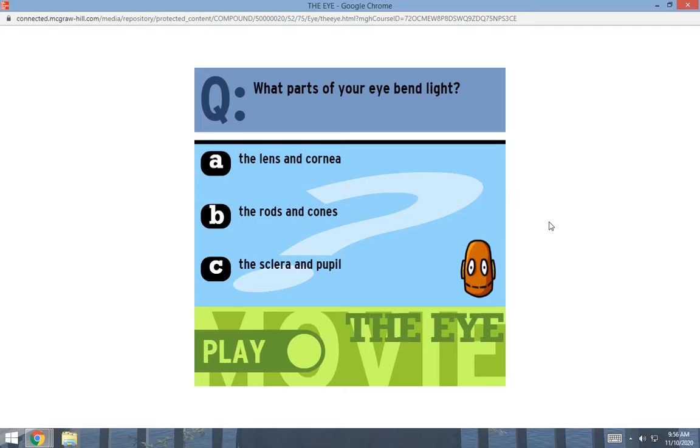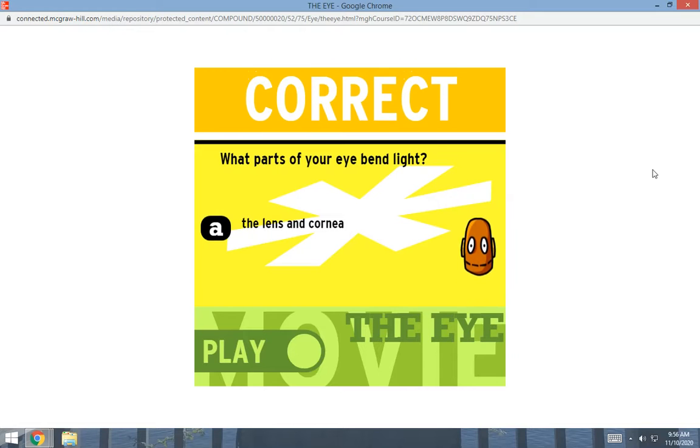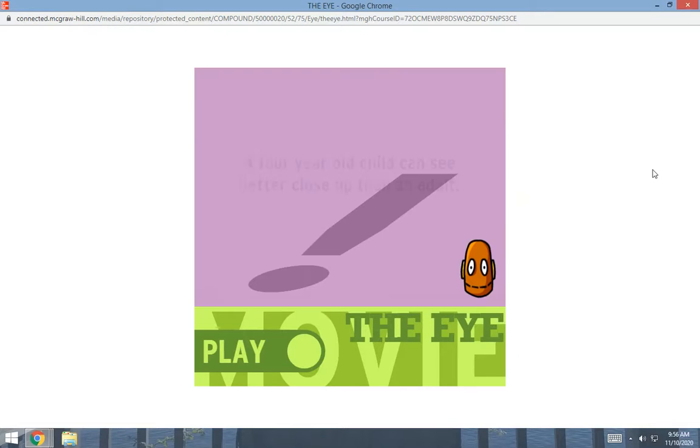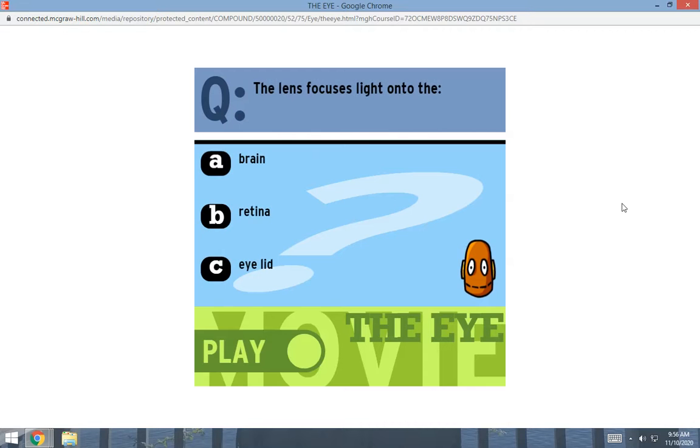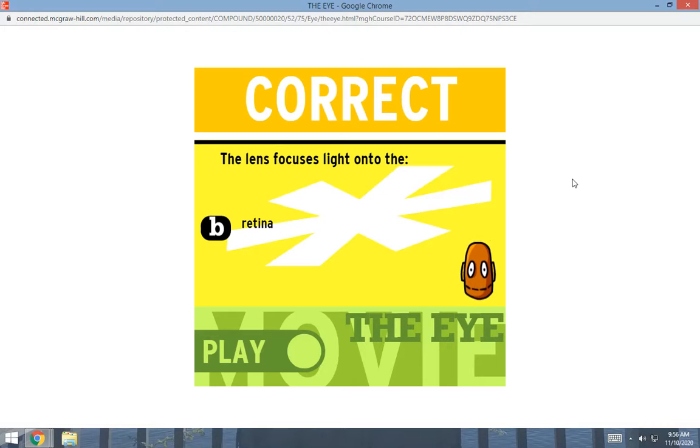What parts of your eye bend light? That would be your lens and your cornea. A 4-year-old child can see better close up than an adult. Fact. The lens focuses light onto the blank. So the back of your eye is called the retina.